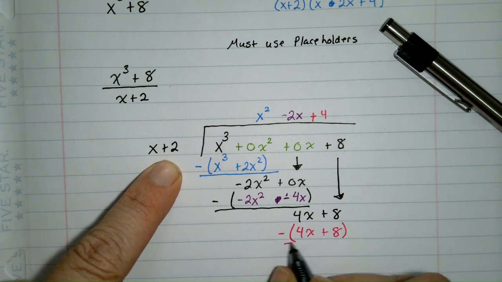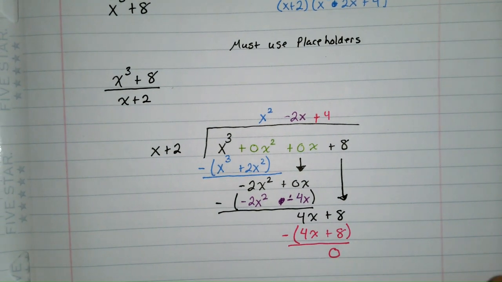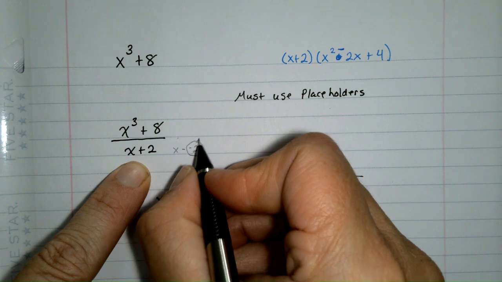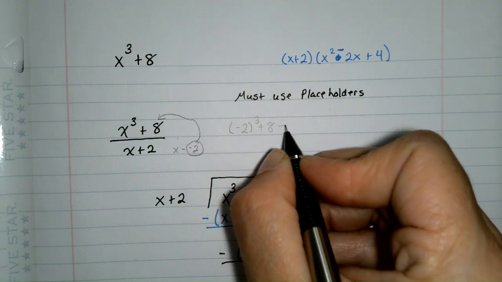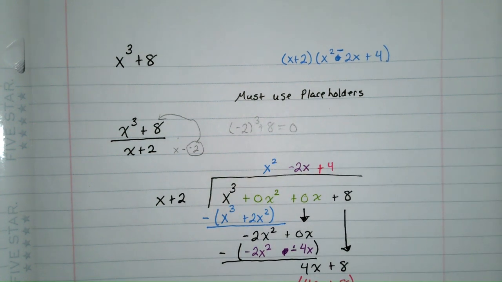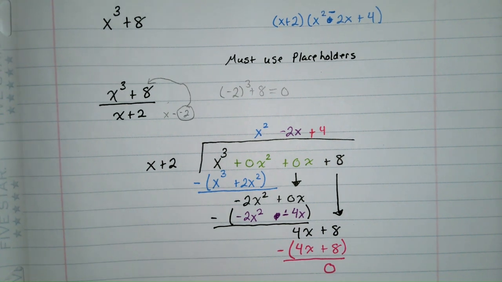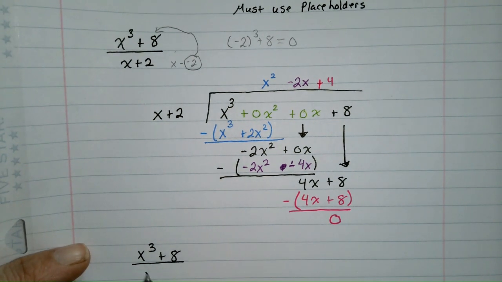And when I subtract something by itself, it is a remainder of 0, which it should be because this is technically x minus negative 2. So when I take that negative 2 and I substitute it into the top, negative 2 cubed plus 8 does indeed equal 0. My remainder should be 0, and it was. So now we can either say x cubed plus 8 divided by x plus 2 equals x squared minus 2x plus 4.